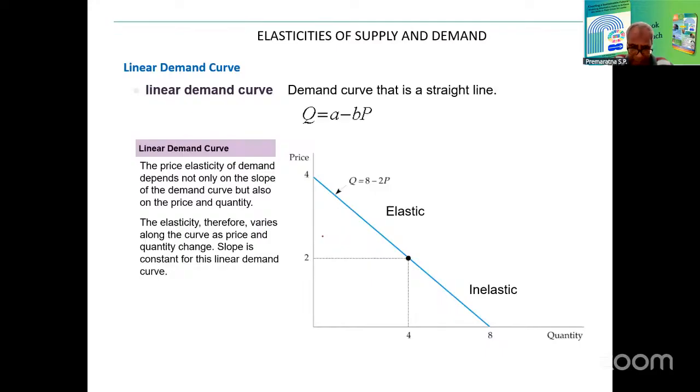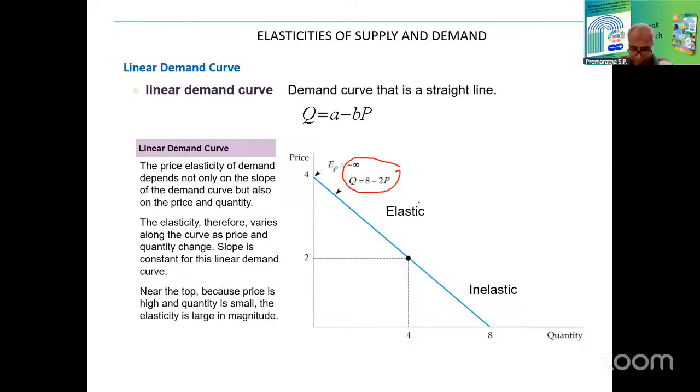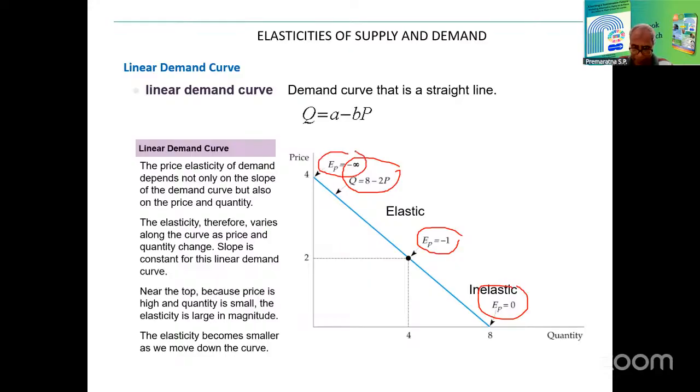We estimated the price elasticity from this demand function, and we found that at different prices, the price is 0, elasticity is 0, price is 2, elasticity is 1. The maximum point here is infinity.